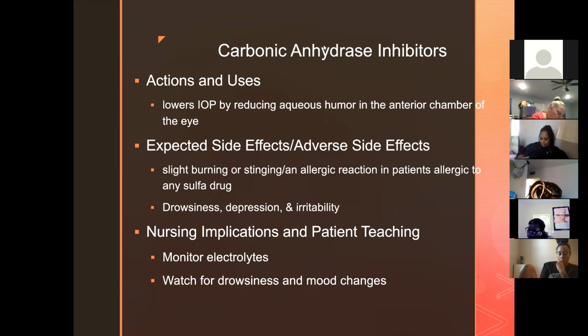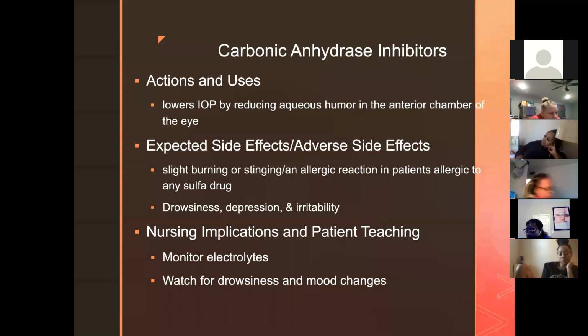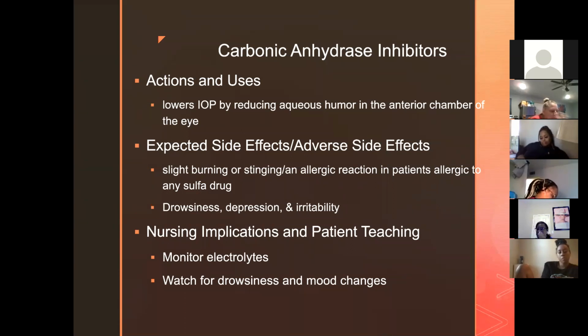For the alpha adrenergic drugs. Okay, so with any of these drugs, would you have to watch it like if they already take blood pressure medication? Absolutely.